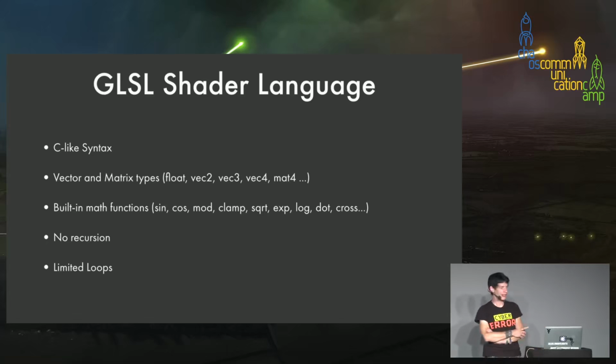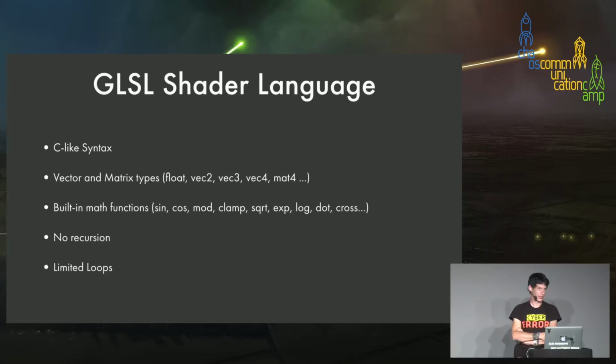We're going to talk about that in part 2 in a bit more detail. But basically, you have types for two-dimensional, three-dimensional, four-dimensional vectors, and for matrices built in. And you also have a bunch of mathematical functions, like trigonometric functions, sine and cosine and such, square root, exponent, log, and vector multiplication, which we're also going to mention in a bit more detail.